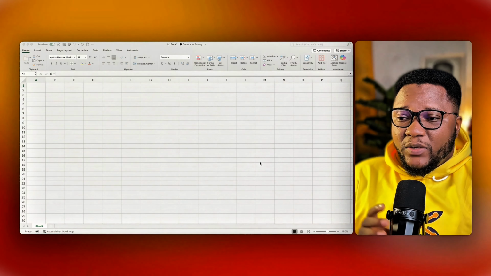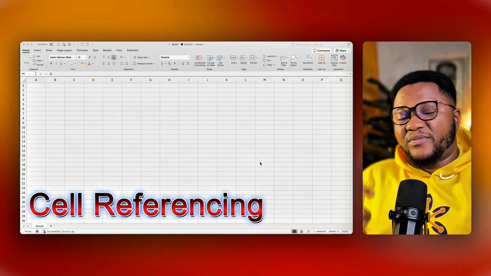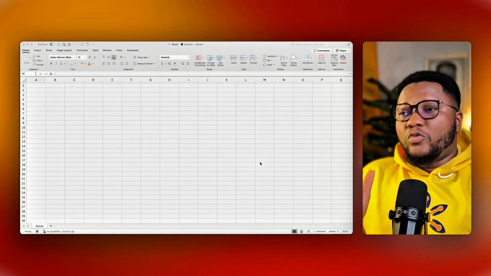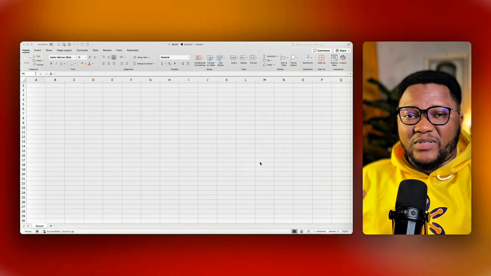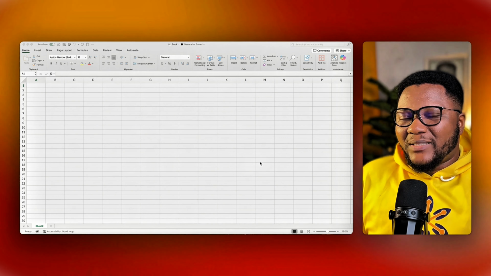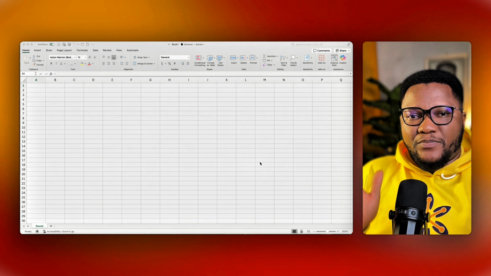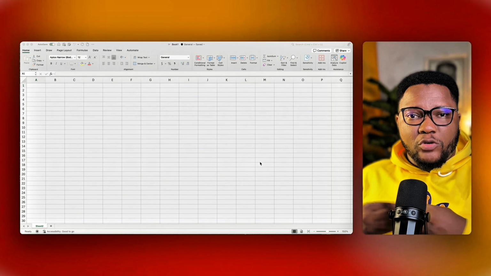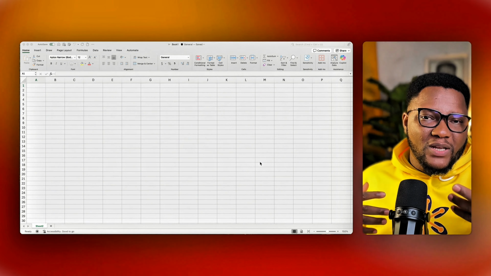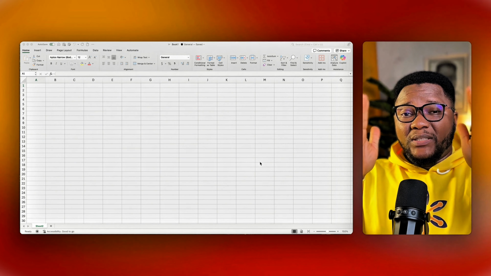Okay, so today we are going to be looking at cell referencing. Like I told us, the first two classes are just to familiarize us with the interface so that as we go along and we mention certain things touching the interface, you'll be able to follow along. But most of the other things you need to know about Excel, we are going to be learning practically, meaning we are going to be doing the actual work, and along the way you'll be learning some of the key concepts, functions, formulas, and the way Excel operates, towards building a dashboard.